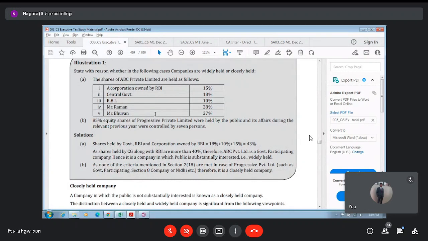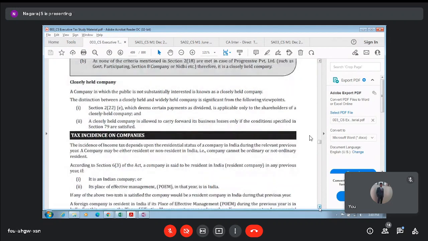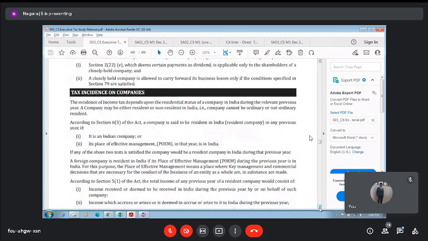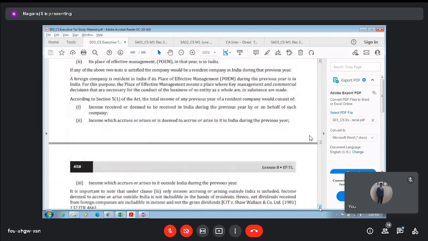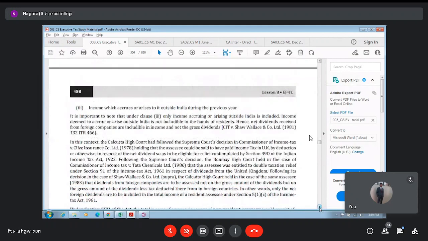Okay. Now, whatever we have learned that the tax rates of the companies. How many tax rates we learned for the companies? Can anyone tell me the tax rates? According to me, we learned 4.